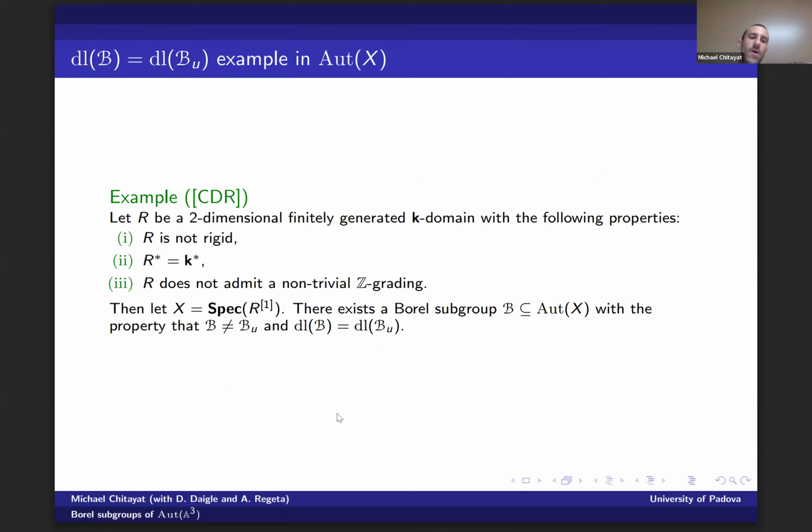So if you let R be a two-dimensional finitely generated domain with the following properties: you choose R that's not rigid, that has trivial units, and does not admit a non-trivial Z grading. And if you consider the cylinder over R, then you can cook up a Borel subgroup of Aut X with the property that B is not equal to its unipotent radical, and the two derived lengths are equal.